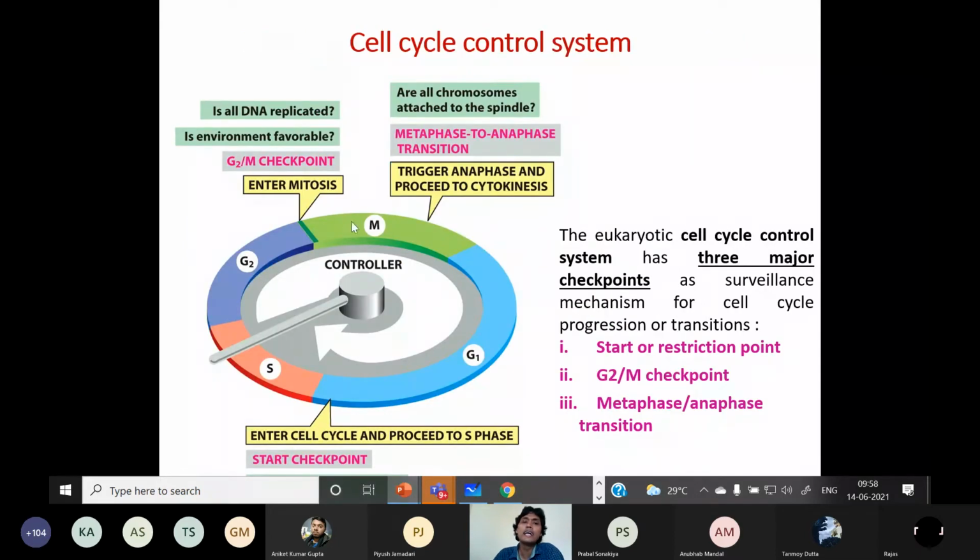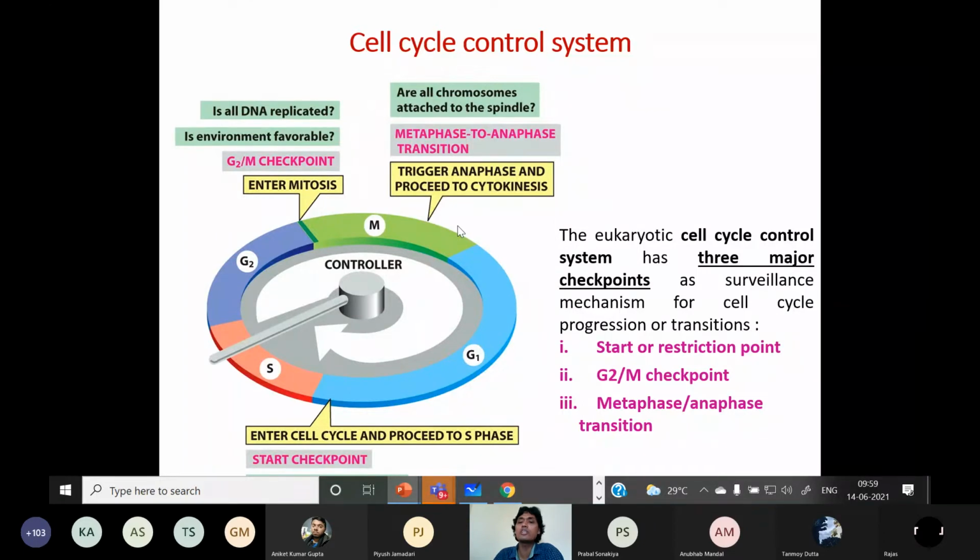And here, the cell cycle control. I told you when you drive your car, scooter, or cycle, you should see the road signal. So the cell is moving from M to G1, G1 to S, S to G2, and G2 to M. During this time, there are many traffic signals, right? Some of the major ones are mentioned here.